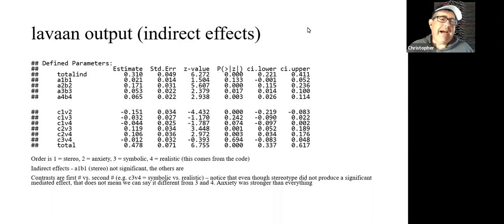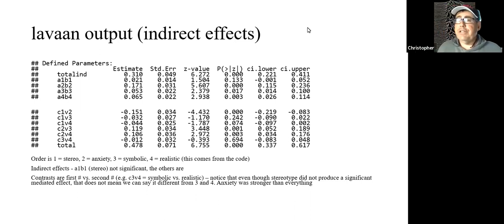And then the contrasts, C1 versus 2. That's the effect of stereotyping versus the effect of anxiety. We get a significant effect there, telling us, in this case, that anxiety was a stronger predictor than stereotyping. C1 versus 3 is stereotyping versus symbolic threat.